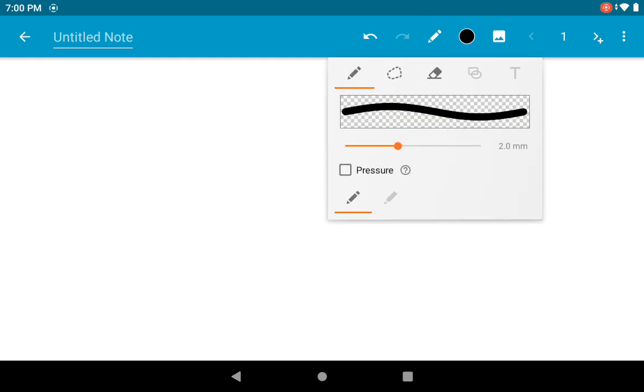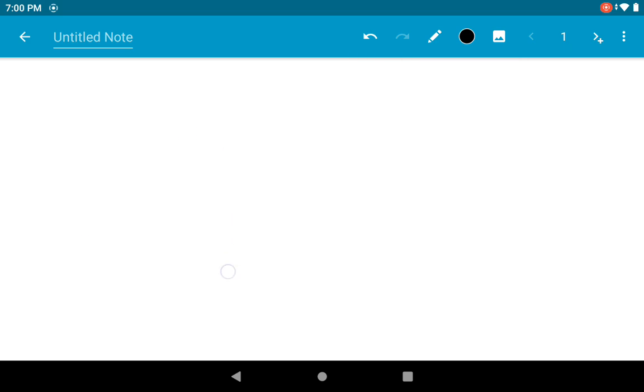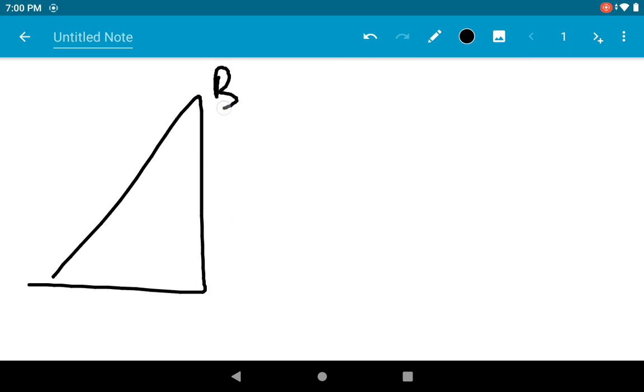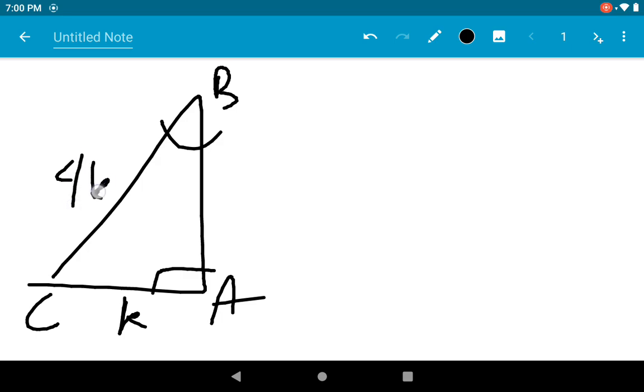In a right angle triangle ABC right angled at A, we're given that sine B equals 1 over 4. So let me just take that as k over 4k. So this is going to be root 15k, right?